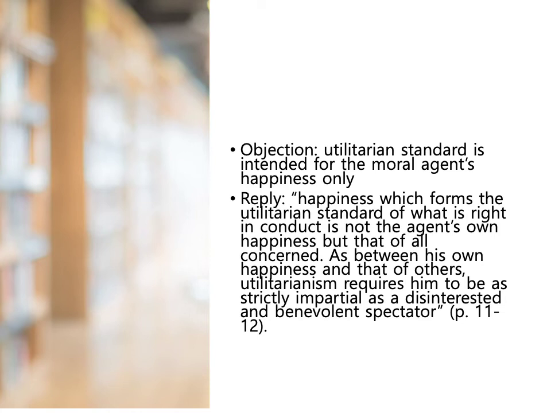And he goes further to say that as between his own happiness and that of others, utilitarianism requires the agent, the moral agent, to be as strictly impartial as a disinterested and benevolent spectator.